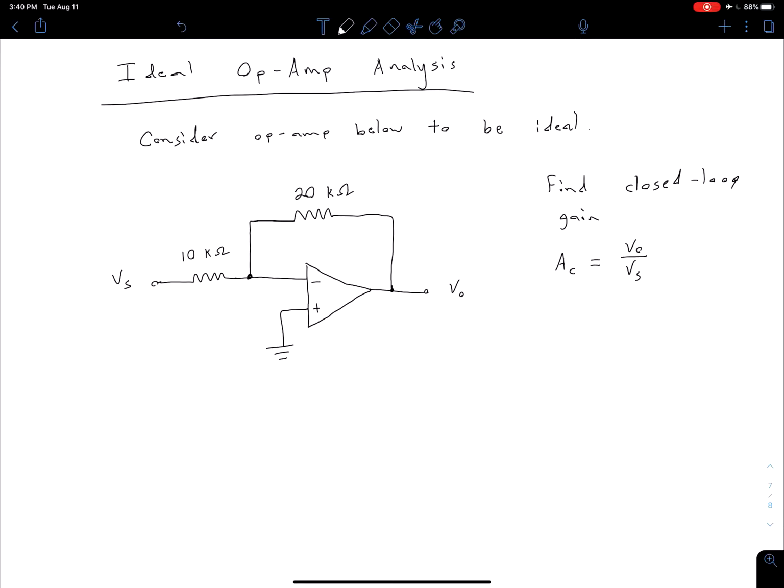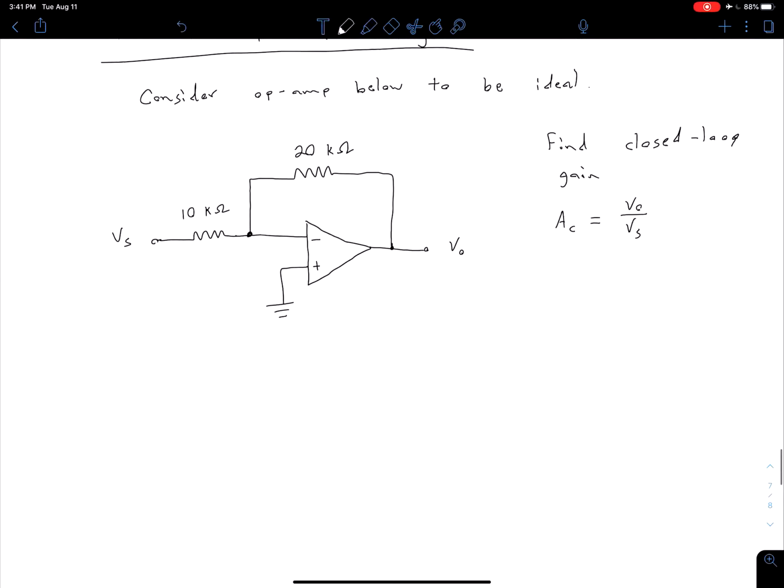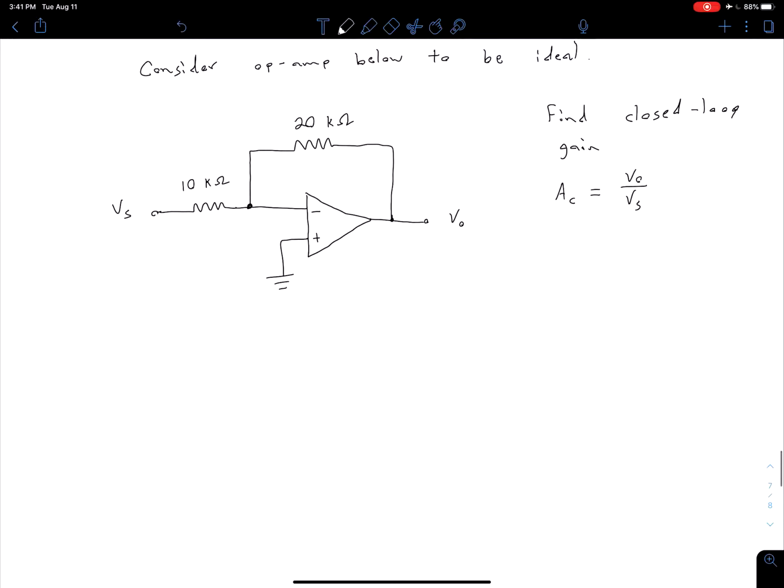So in order to analyze this circuit, we're going to use the properties of our ideal op-amp that we discussed in a previous video. So the first thing that we can look at is that we know that our differential input voltage, V sub D, which was defined between our two terminals, like such, is 0.